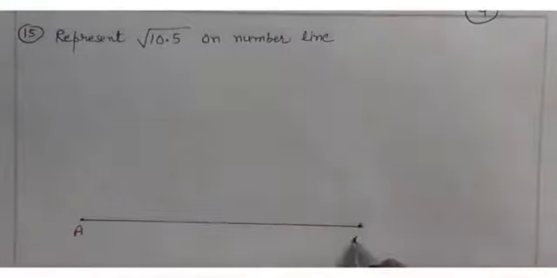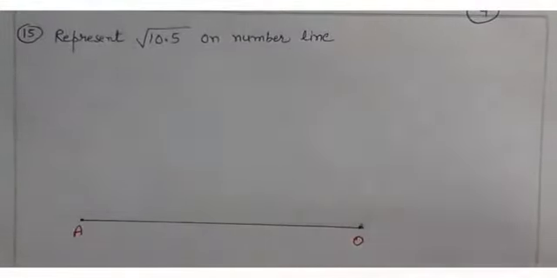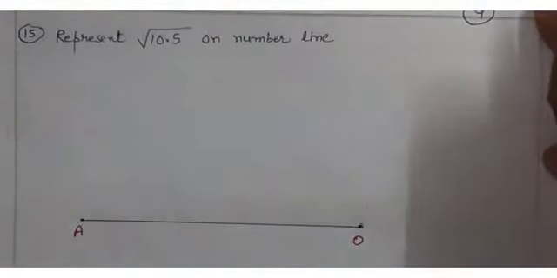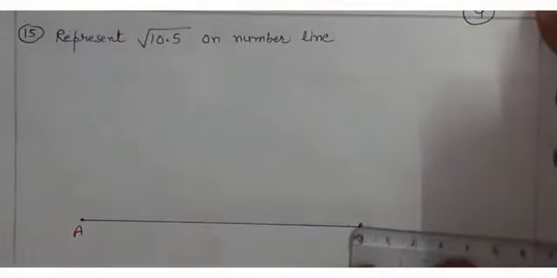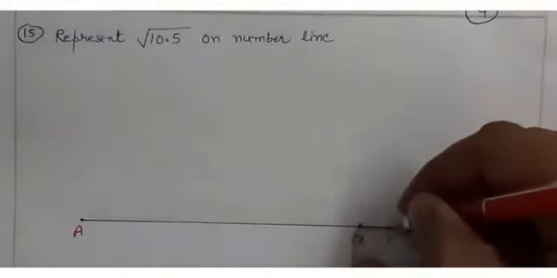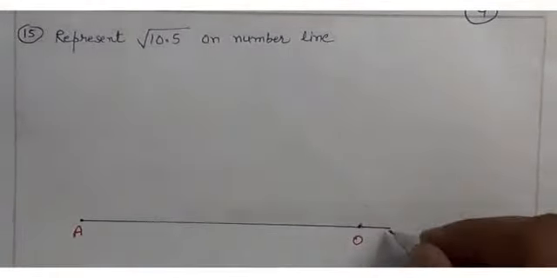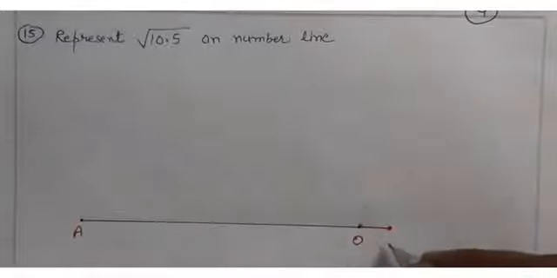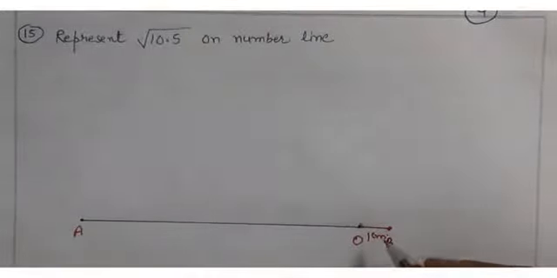I am taking this point O here. After that I am adding one more centimeter. This is point B.